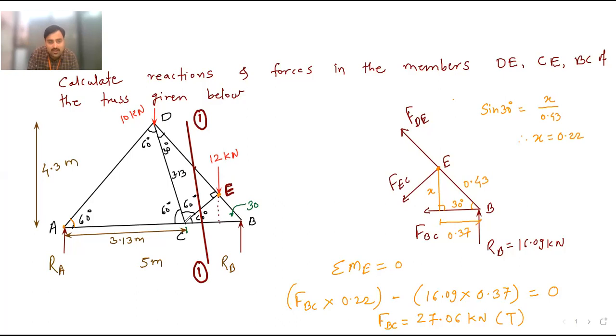Similarly, if we take the moment at point C, then EC and BC will become 0 and you will get the force in member DE. And if you don't want to take the moment, then simply apply summation Fx, summation Fy, and you will get the answer. So you remember this part. I will rub this now and show you the resolution.